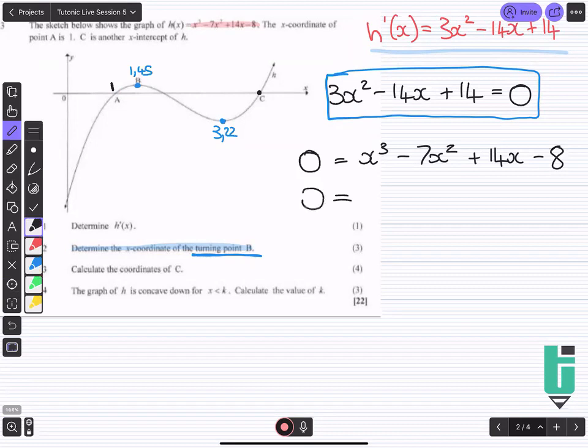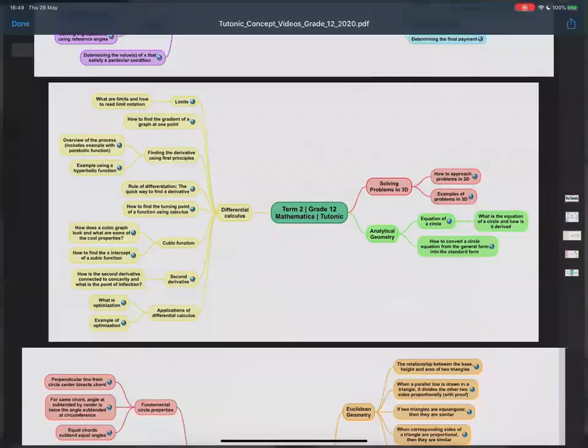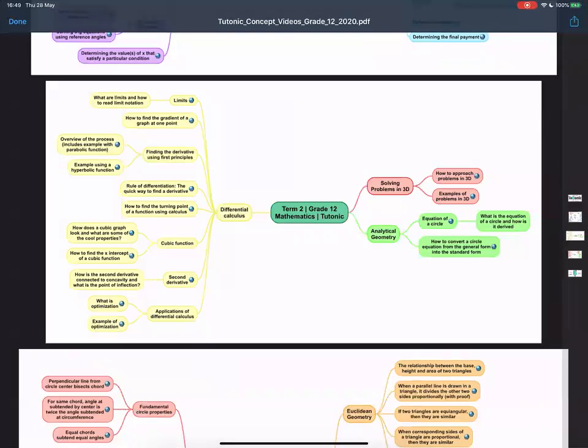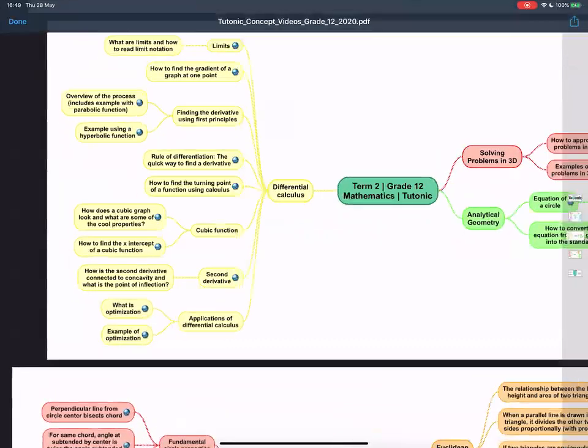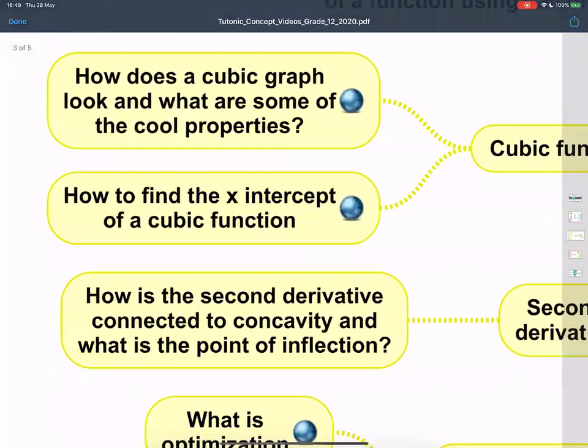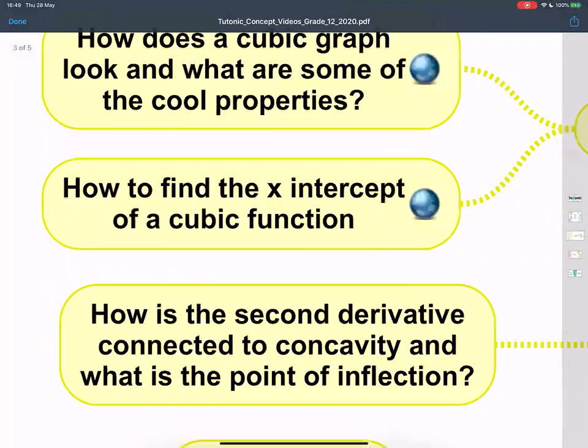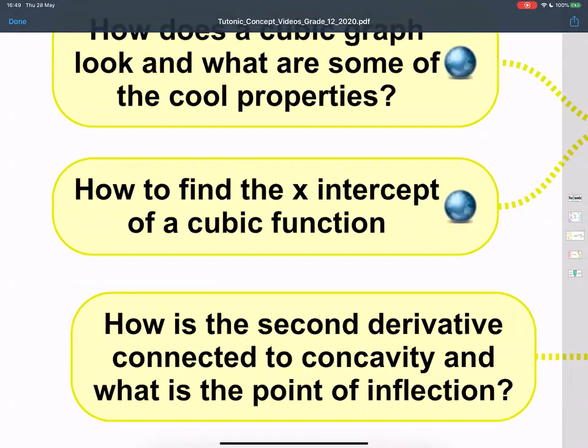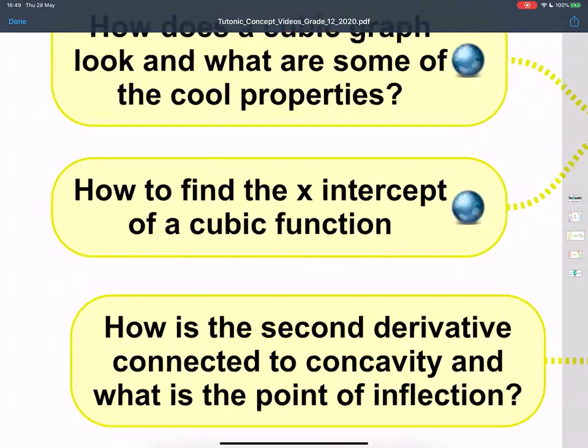And Kai, have you done something like this before, solving cubic equations? No, I can't get it. It's so hard. I don't even know how to do it. Okay, here's a concept video, how to find the x-intercept of a cubic function. I want you to watch that video. We actually changed the video because Nafisa showed us a different way, so in this video I explain both methods.